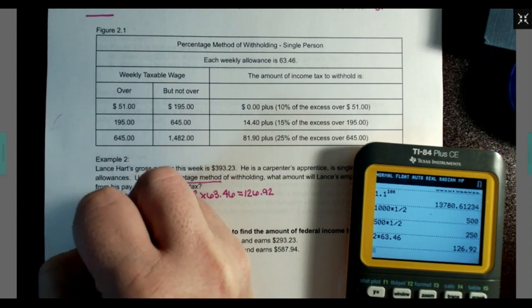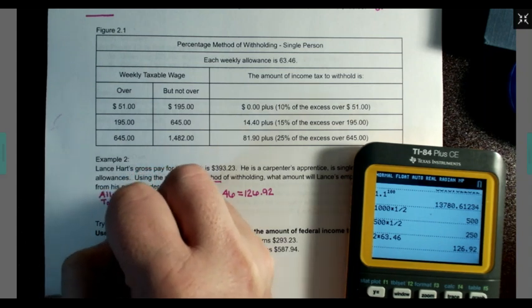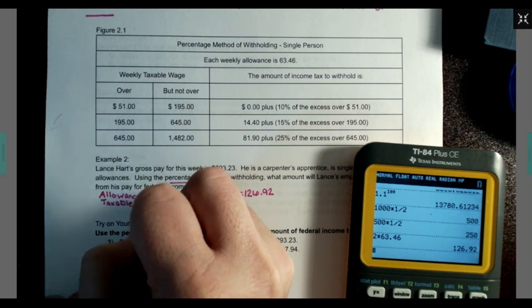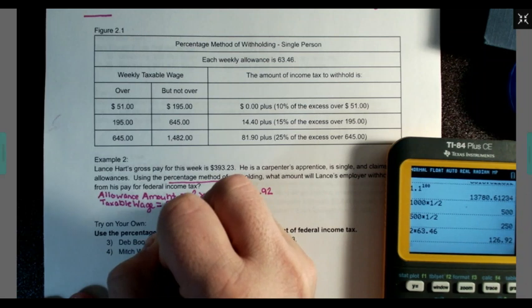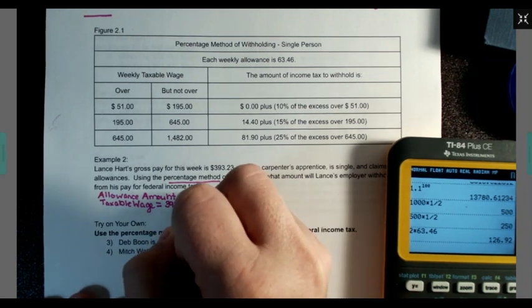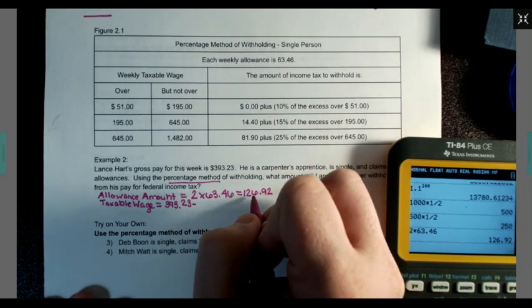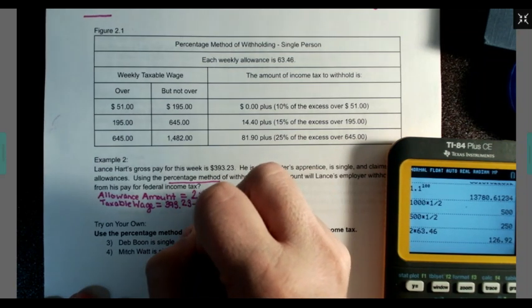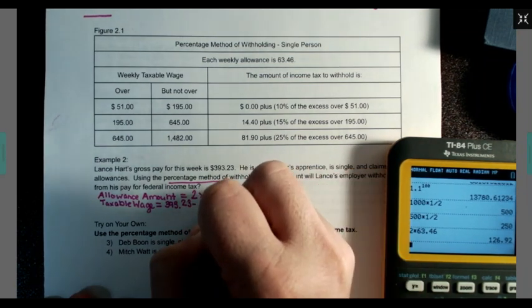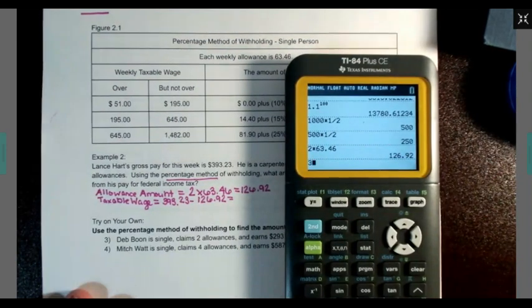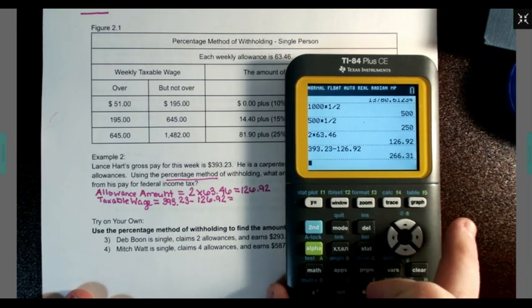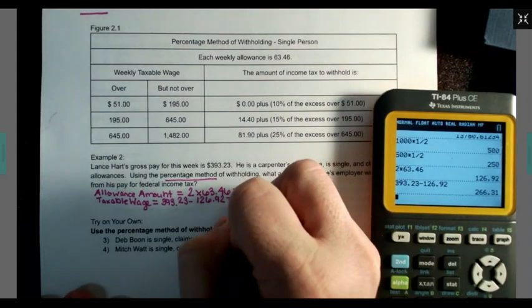Taxable wage is going to equal my gross pay, this $393.23, minus my allowance amount, which is that answer we just got, the $126.92. So $393.23 minus $126.92 is $266.31.